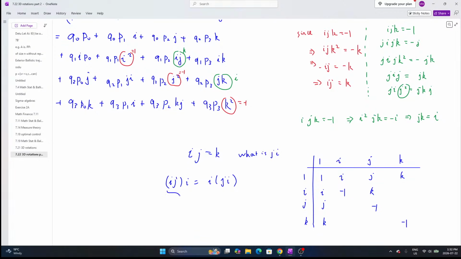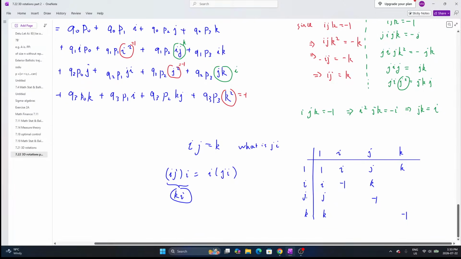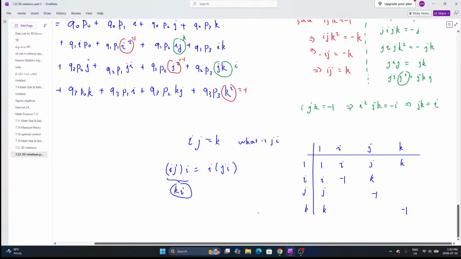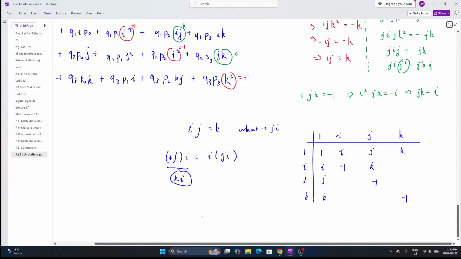The left hand side, this is ki. All right. But what is ki? We need to derive ki. ijk is minus 1.